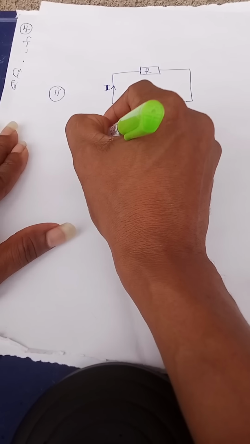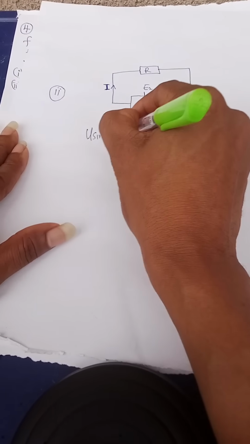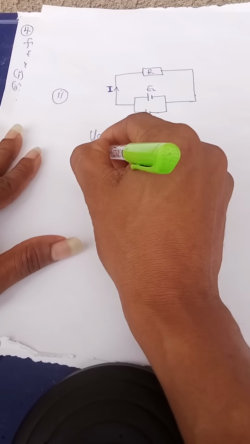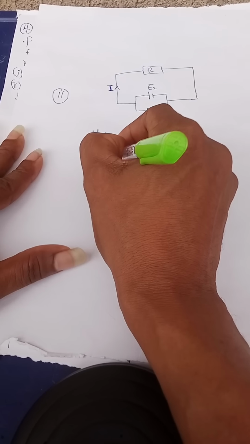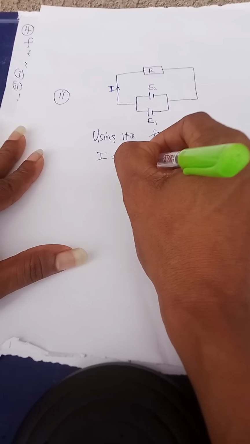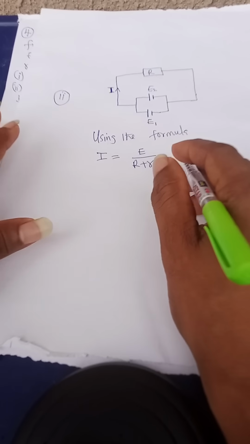Now, using the formula, I is equal to E all over R plus r.